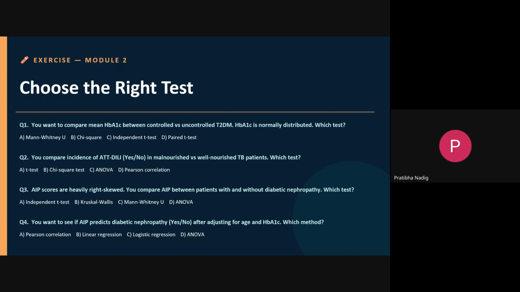Nobody is answering. I think you can go ahead. One answer is C, ANOVA. Sagarika has answered ANOVA. You can go ahead, Dr. Shashidhar. Only one answer we have received. Please unmute, Shashidhar. We are not able to hear you.